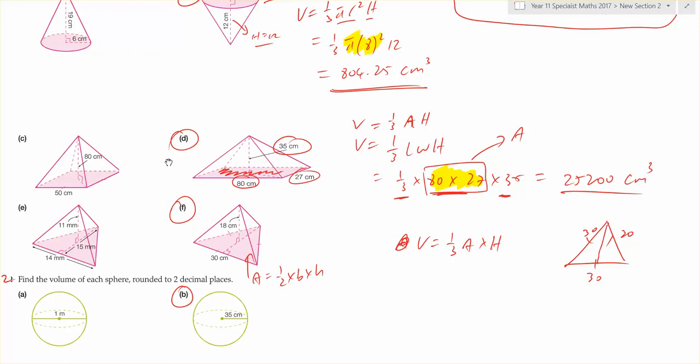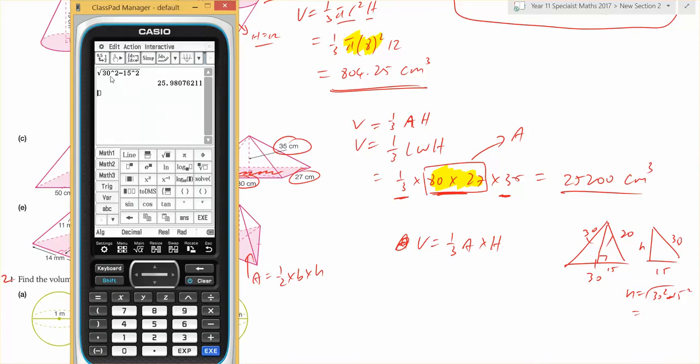Because this is an equilateral triangle, if I divide it in half, this side will be 15. I can use Pythagoras to calculate the height: 30, 15, and h. So h is given by the square root of 30 squared minus 15 squared.